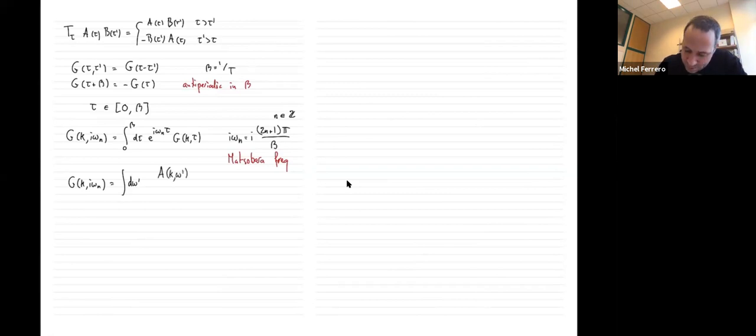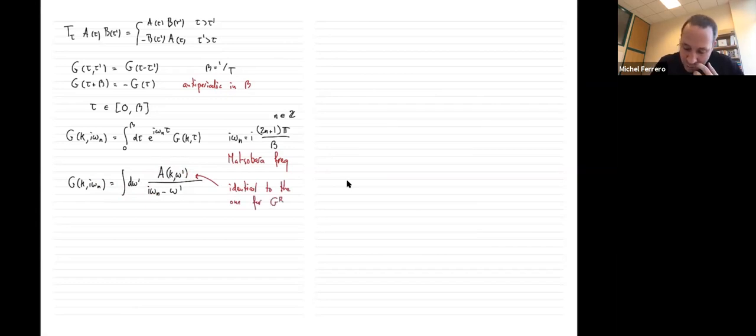There's also an expression like this, but this time I put i omega n here instead of omega. It's exactly the same formula as before, except that I've put i omega n here instead of omega. And that spectral function is the same as for the retarded. So that spectral function here is identical to the one for G^R.